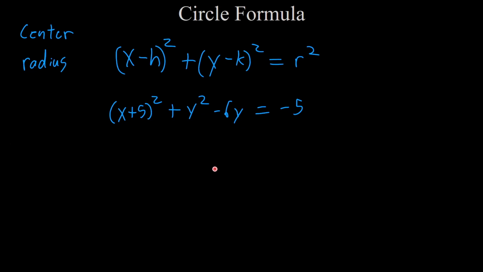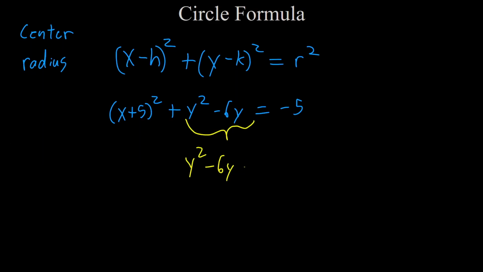We need to do something called completing the square. We are going to turn this section here into a perfect square trinomial and then factor it so that we get a binomial that has been squared. To turn this into a perfect square trinomial, we are going to need y² − 6y, and then we need half of this squared.